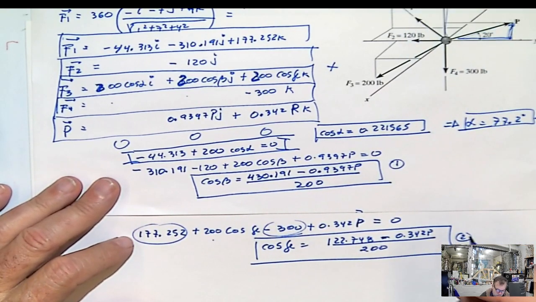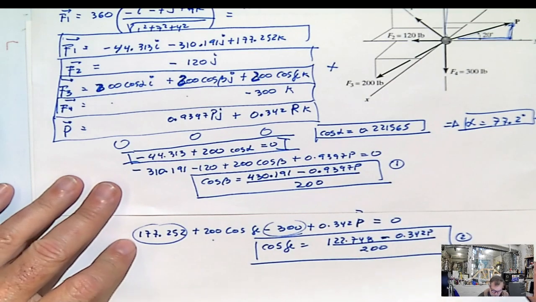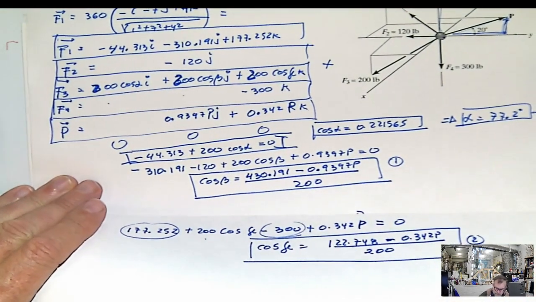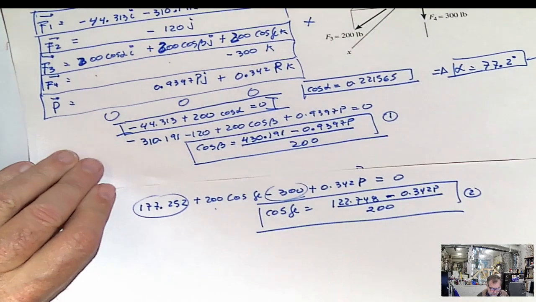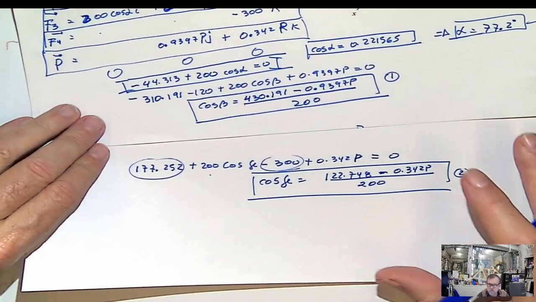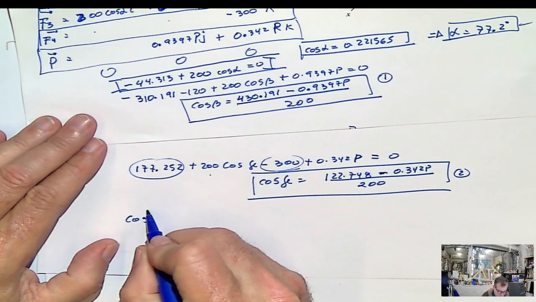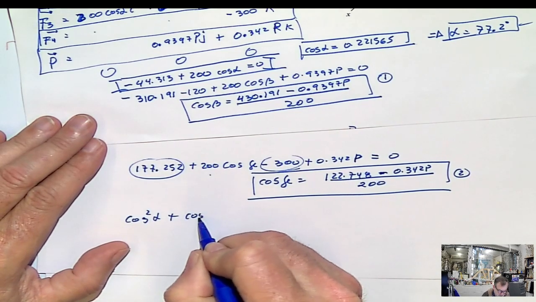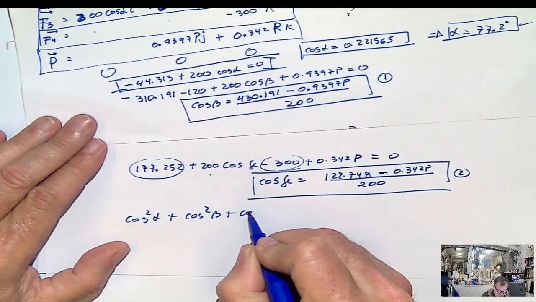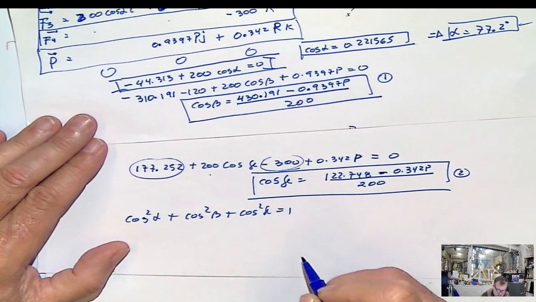And now we use our other equation, the equation that relates alpha, beta, and gamma. So basically what we do is cosine square alpha plus cosine square beta plus cosine square gamma equals 1.